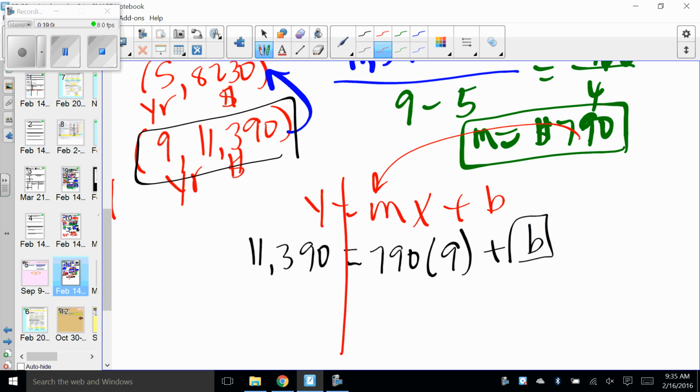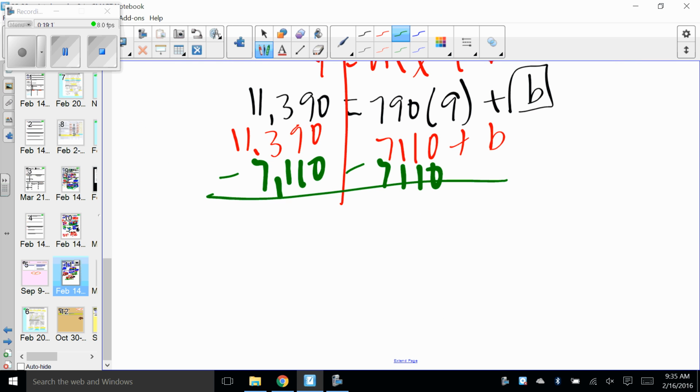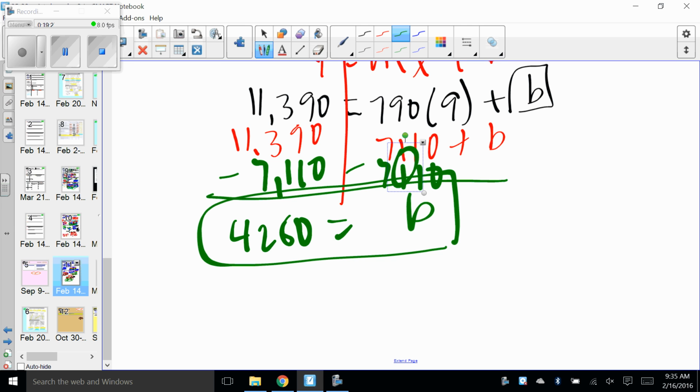All right, so we'd have 790 multiplied by 9 is 7,110 plus b. Subtract 7,110, copy paste. On the left-hand side, we have 4,280 equals b. So we'd say that the beginning amount that he makes is 4,280.